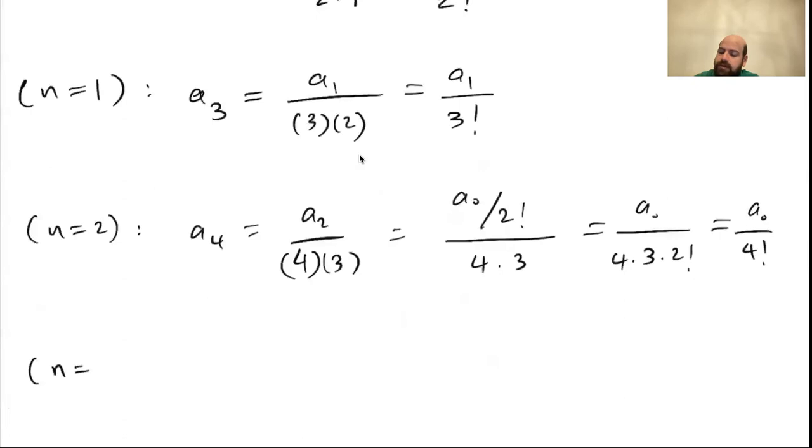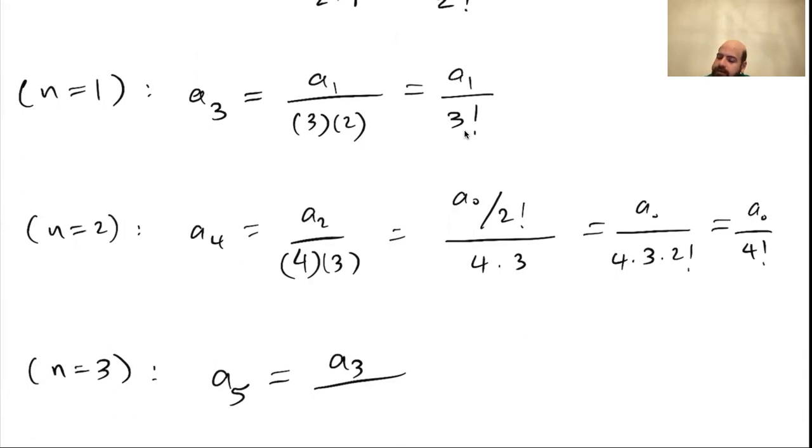If I replace n with 3, I'll get a5 equals a3 divided by 5 times 4. A3, I already knew that it was a1 over 3 factorial. So a1 over 3 factorial divided by 5 times 4. This will be a1 over 5 factorial.